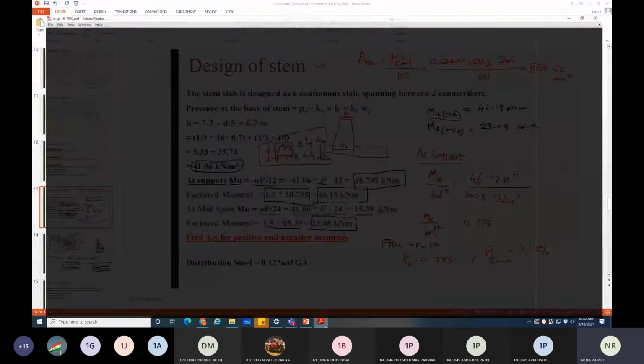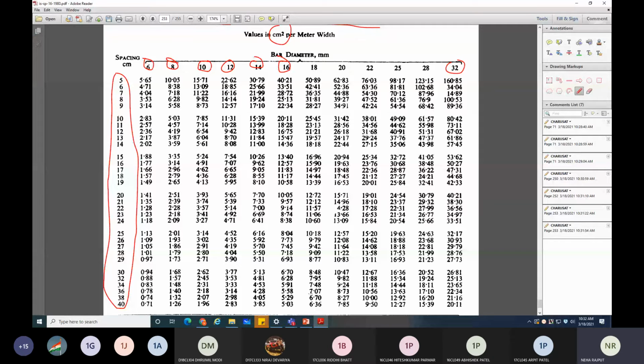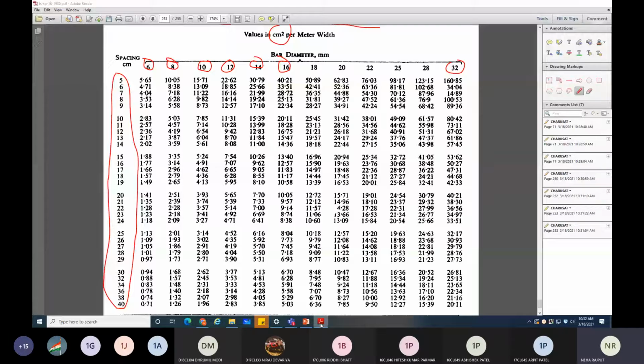Your area is 5.68 centimeter square, and you need to choose the diameter of bar. So here I am choosing the diameter of bar. This is 5.68, so you need to consider more than 5.68 for your case.